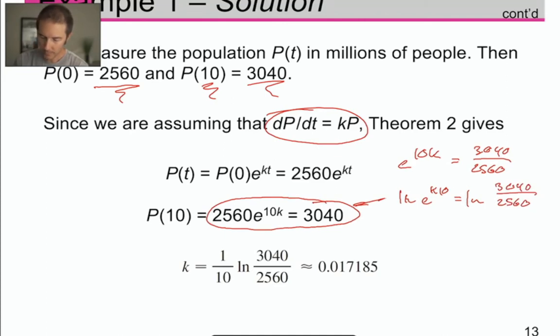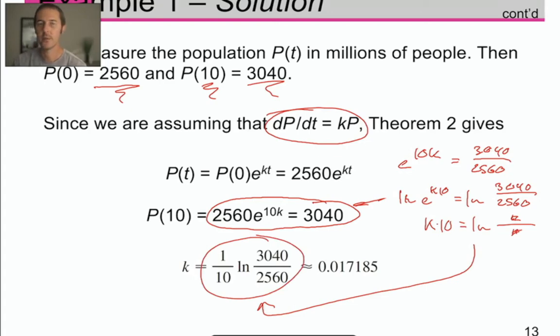Now, by properties of logarithms, I can take this exponent and bring it out in front of the natural log like it's a coefficient. Or, if I know my properties of natural logs, I know that natural log and e to the power are inverse functions. Those two are going to cancel each other out, leaving me just with k times 10 on the left-hand side equals the natural log of our fraction. And then we divide both sides by 10 or multiply both sides by 1 over 10.